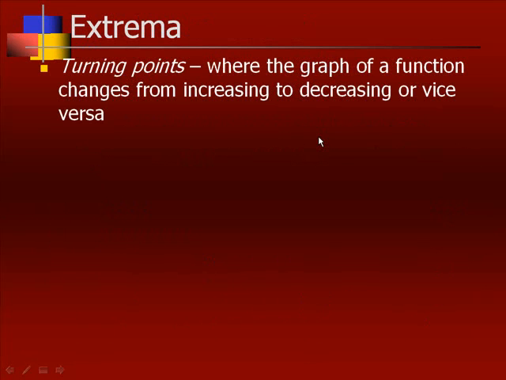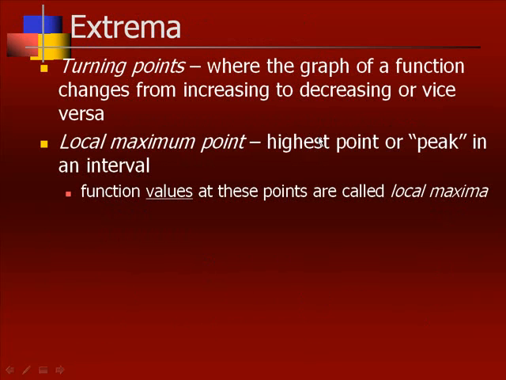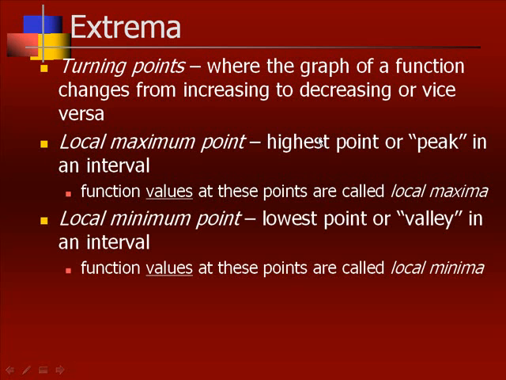Now, extrema, we've talked about extrema. These are turning points, or where the graph of a function changes from increasing to decreasing, or vice versa. The local maximum point is the highest point or peak in an interval. Function values at these points are called local maxima. Now remember, the values are simply the y values.